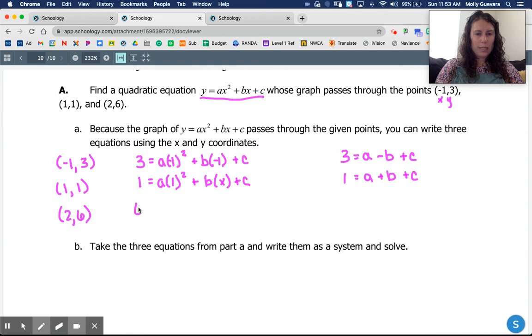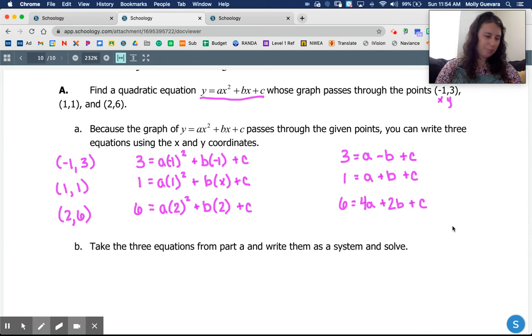And then my last point is (2, 6). So my y is 6. Then I have a times 2 squared plus b times 2 plus c. So if I simplify this, I get 6 equals 4a, right? 2 squared is 4, plus 2b plus c. And then here, so these are my three equations now, right?